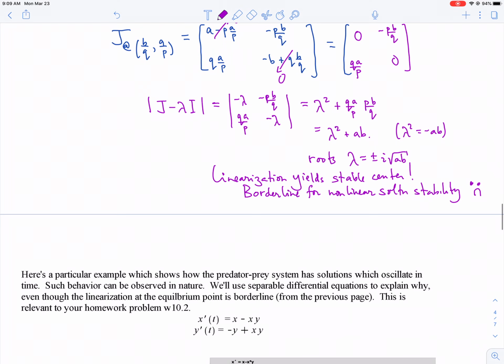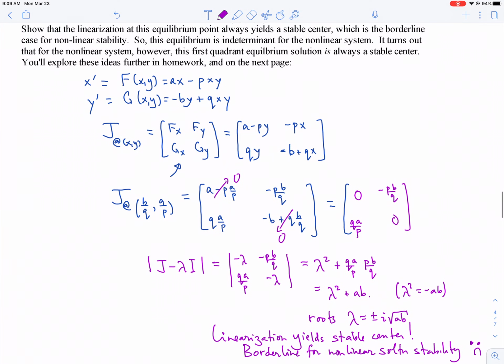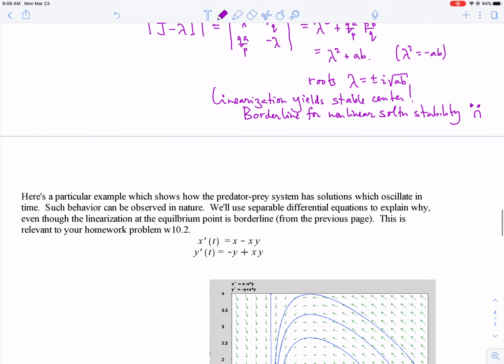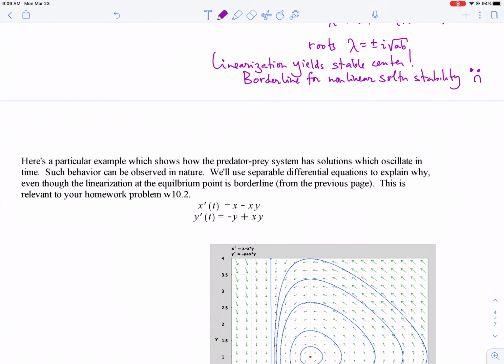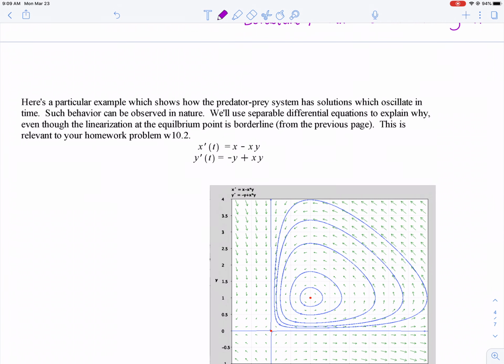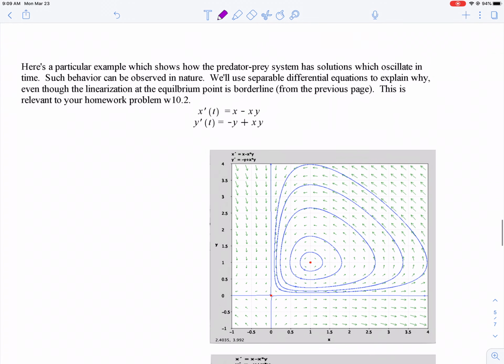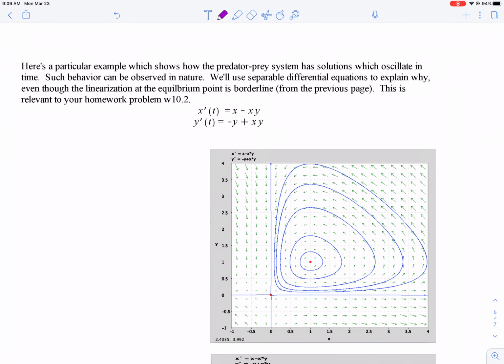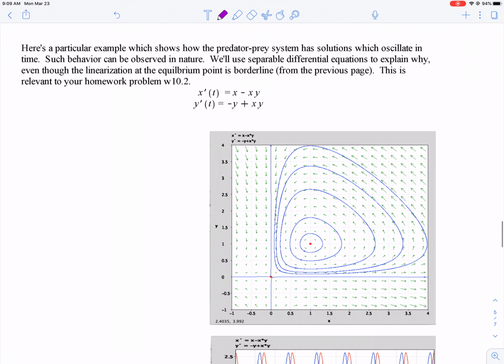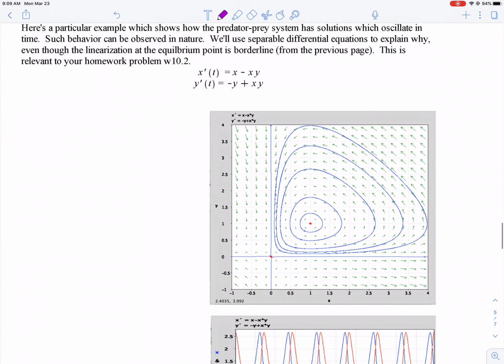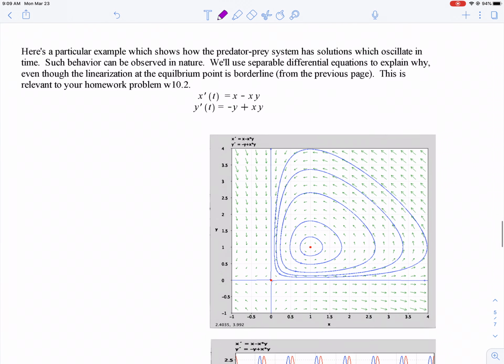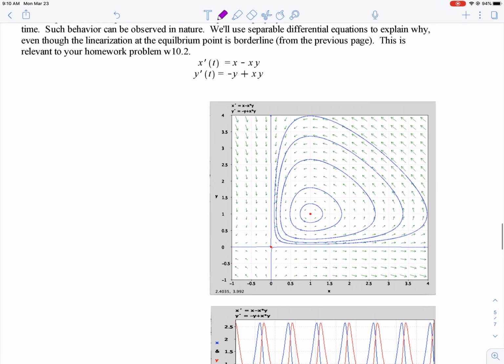Okay, but in many of these borderline cases, we can go back to how we solved separable differential equations to figure out the stability question. We'll do that on the slide after this one, which tells us what our answer is going to be. Because when you try to graph the solution curves in the phase plane, they go around and around in loops.